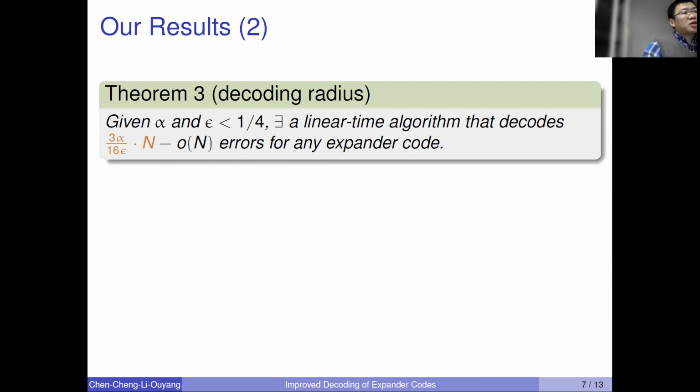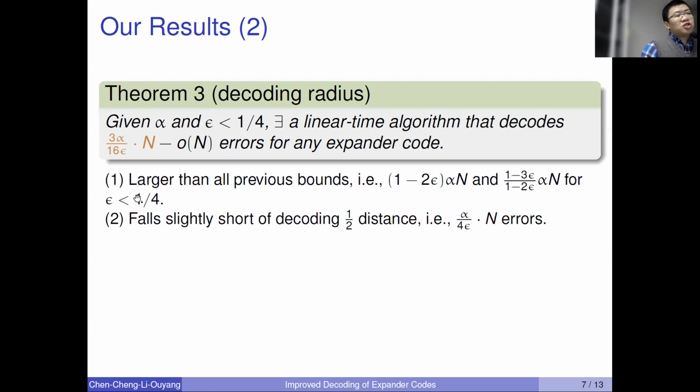The first comment is that this error is on the order of alpha over epsilon times n, which is better than the previous decoding radius by a factor on the order of 1 over epsilon if epsilon is small. But even when epsilon is large, say close to 1/4, this is still a constant factor better than the previous result.